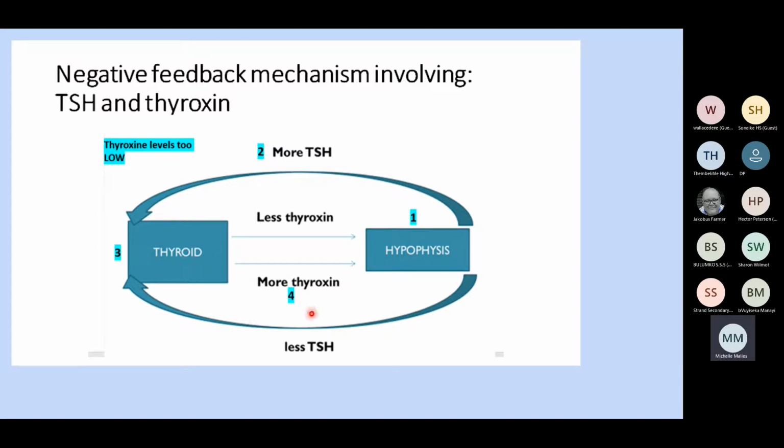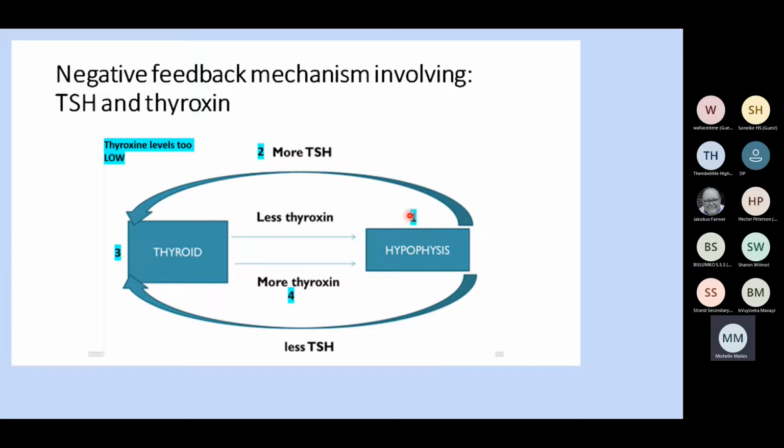And this increases the levels of thyroxine in the bloodstream, and it will return back to normal. Take note, grade 12s, the imbalance was low thyroxine levels. The negative feedback mechanism is to bring it back to normal.